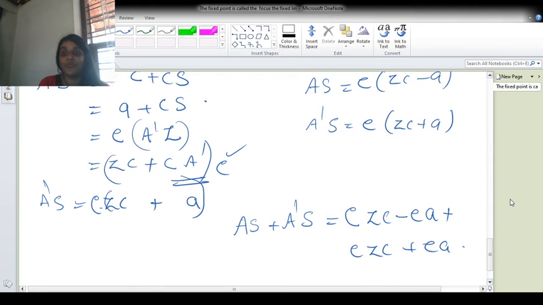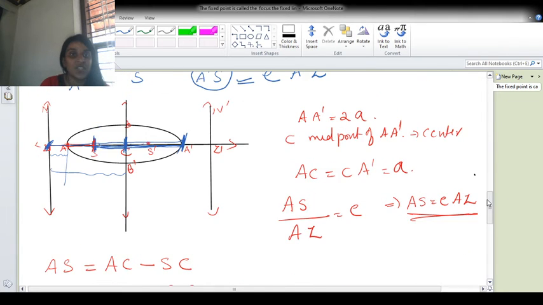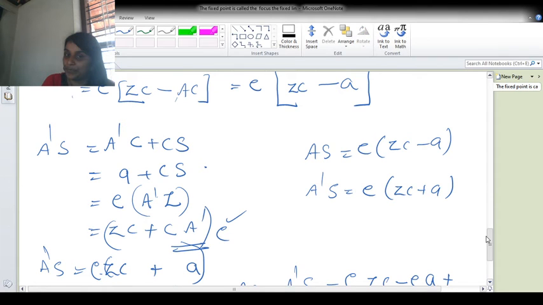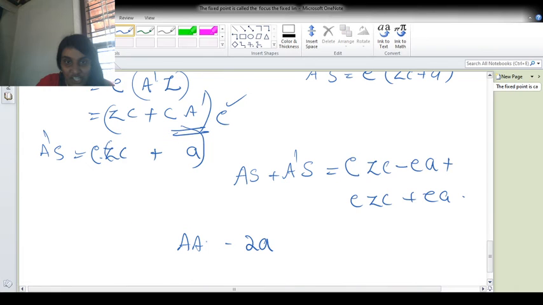So what is the sum of AS and A dash S? AS is this distance and A dash S is this distance, so the sum is A dash A, which is 2a. So 2a equal to e ZC plus e ZC.